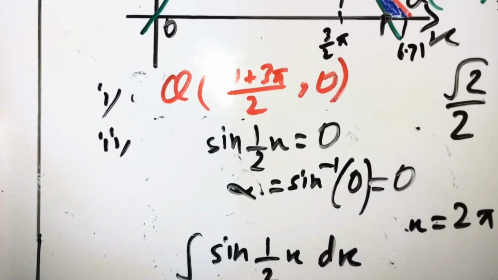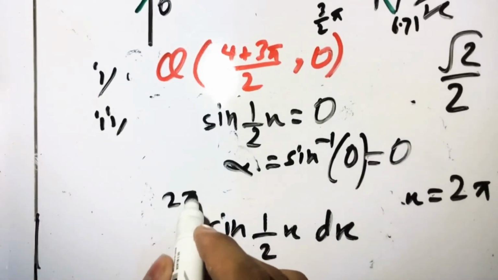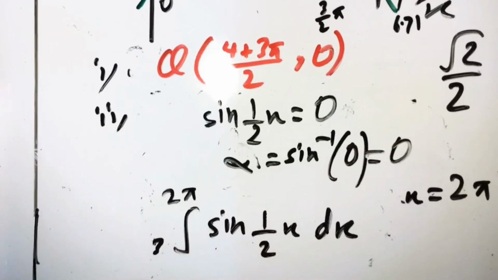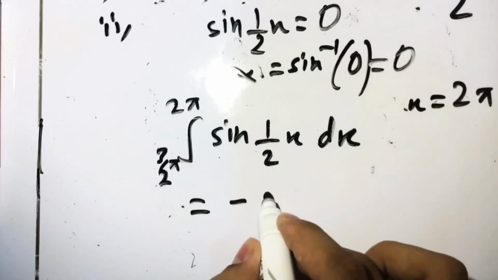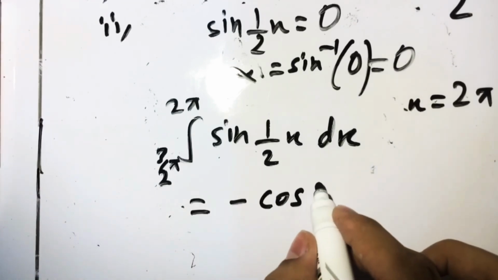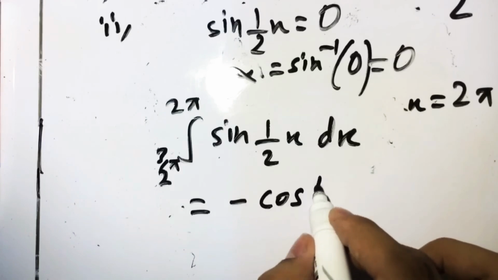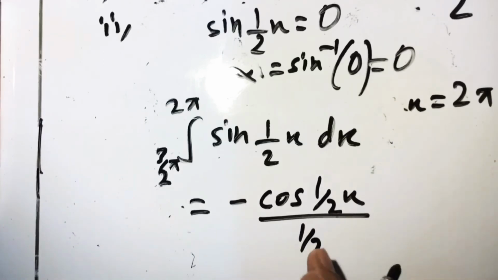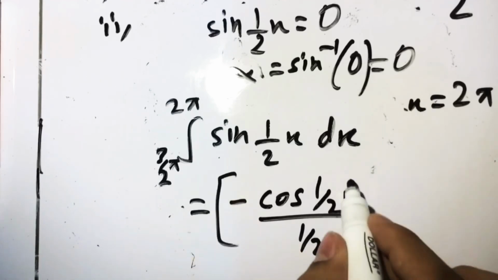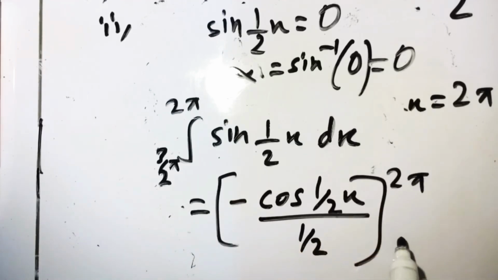So we'll integrate this curve from 2 pi till 3 upon 2 pi. Integration of sine half x will give us minus cos half x upon half from 2 pi till 3 upon 2 pi.